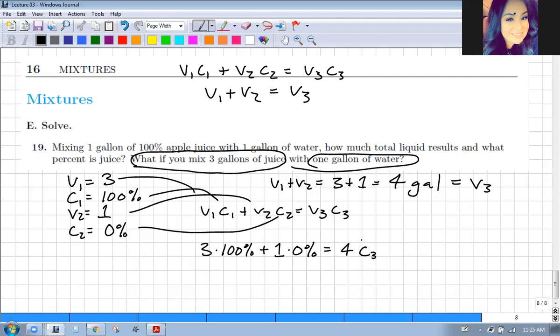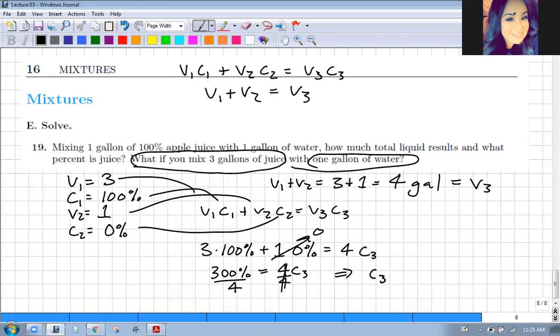So we need to solve for C3 here. 1 times 0 is 0. Over here we have 3 times 100, which is 300. Let's divide both sides by 4.